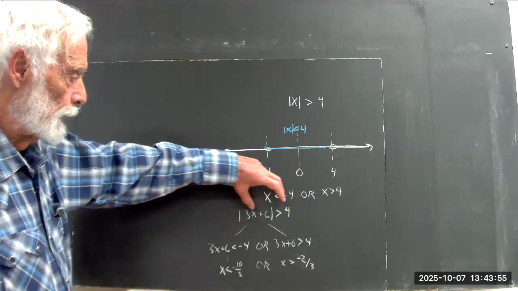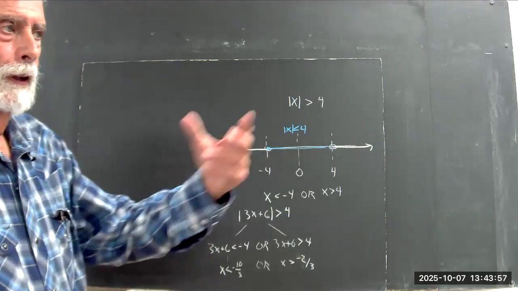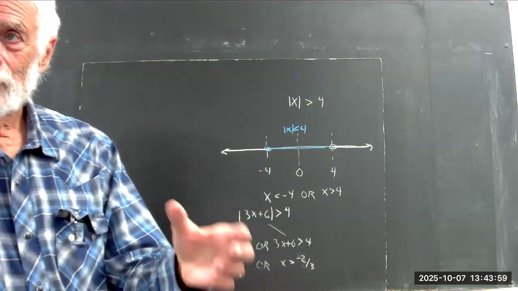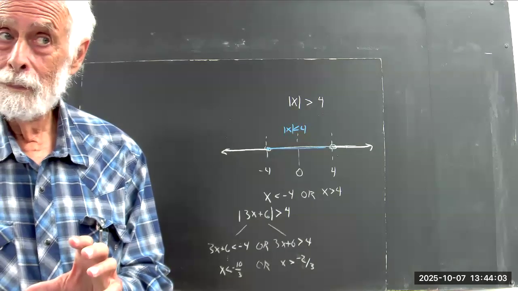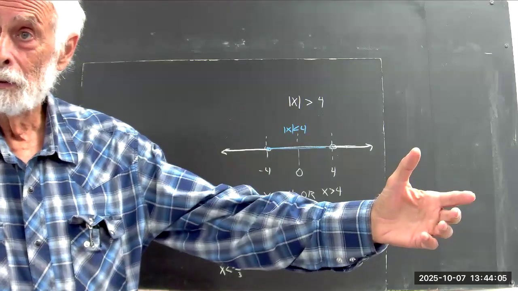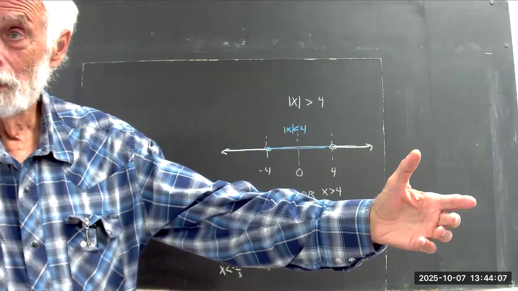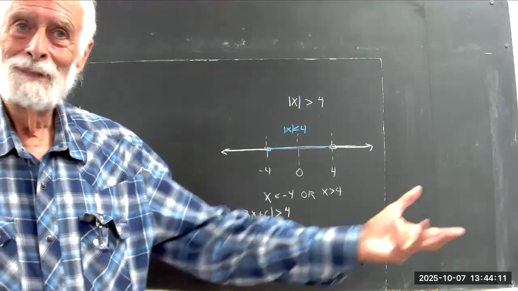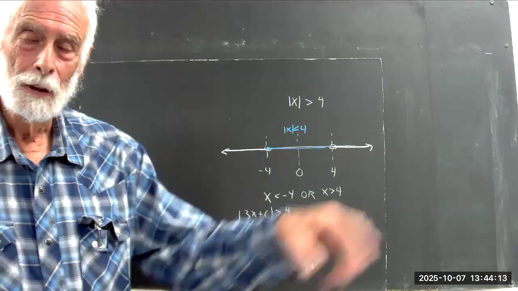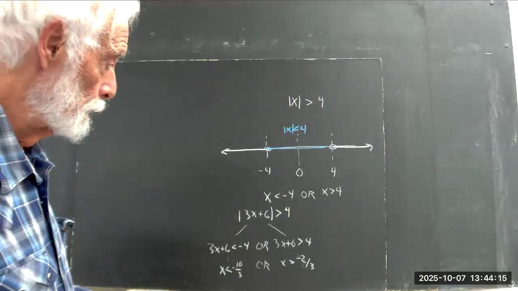So it's just kind of automatic. When you see an absolute value equality, you have whatever's inside of the absolute value equal to plus or minus the number outside, right? Unless the number outside is negative, in which case you'd have no solution. And you'll understand that easily enough in Open Math.